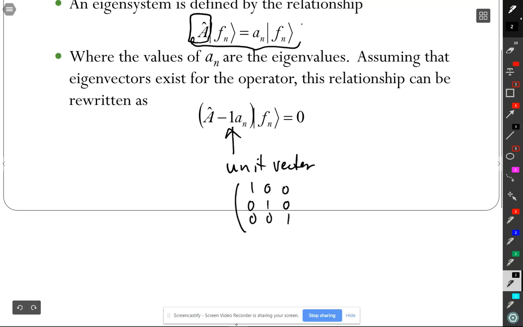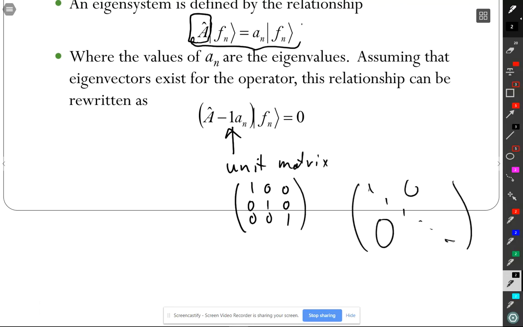In 3 dimensions it would be like this, or in infinite dimensions, like that, with 1s down the trace and 0s everywhere else. So that's what it means with that 1.